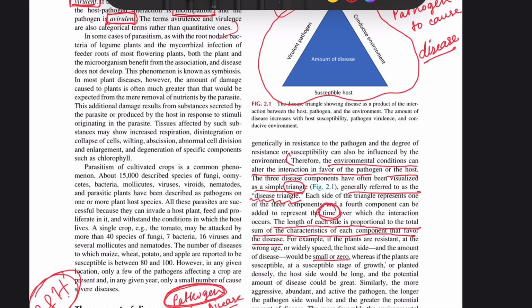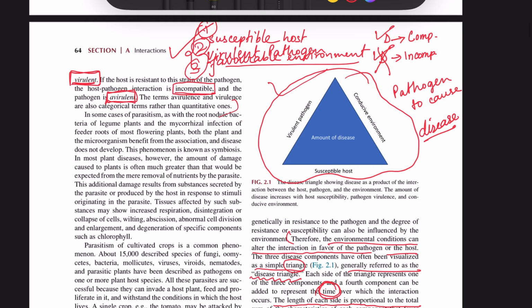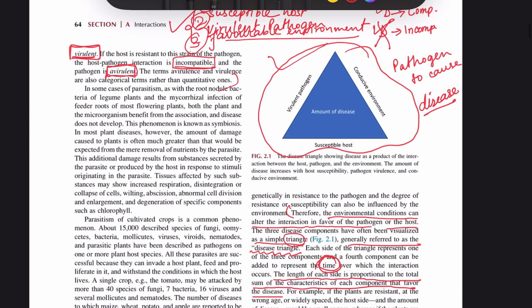Whereas if the plants are susceptible at a susceptible stage of growth or planted densely, the host side would be long and the potential amount of disease would be great. Understood what they are saying?